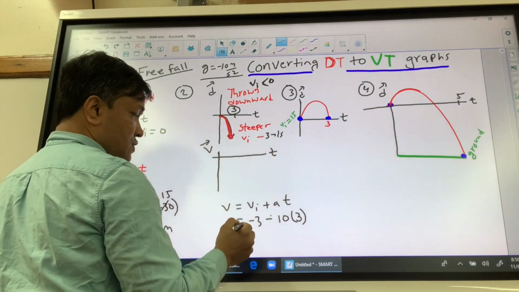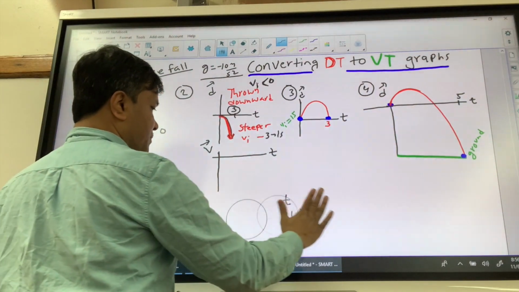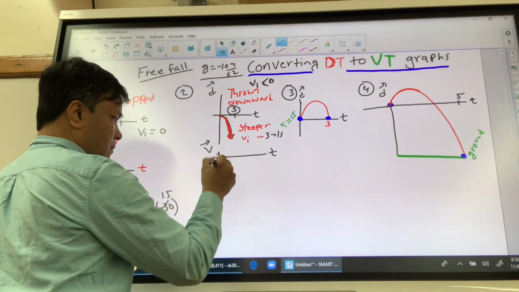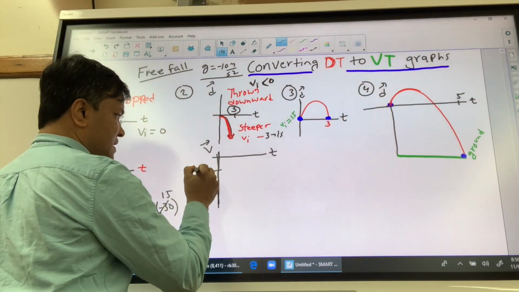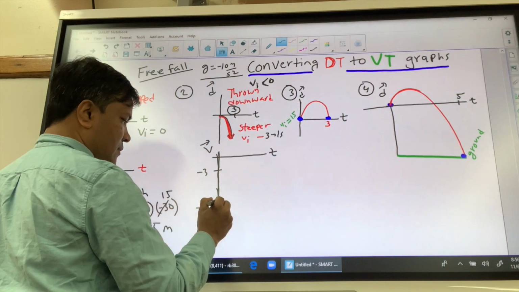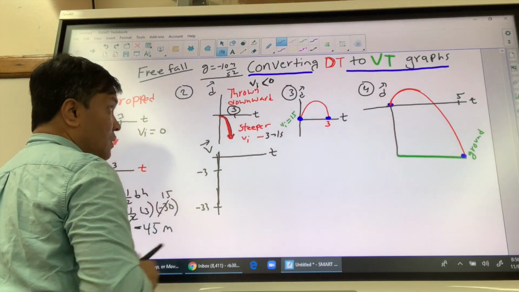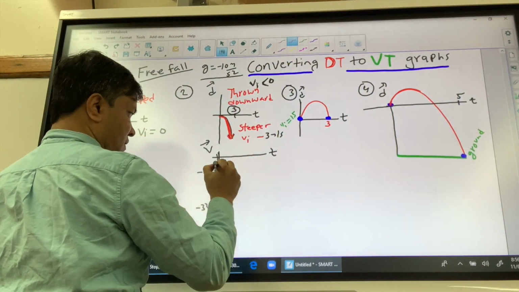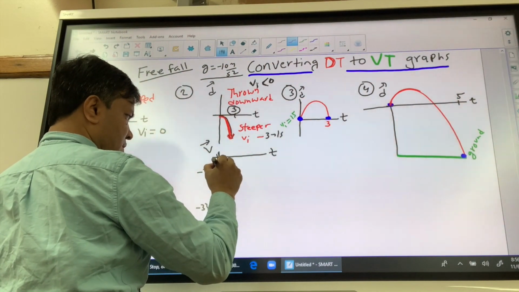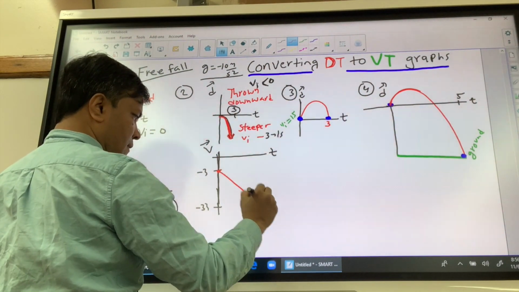That gives you negative 33. So this is negative 3, and this is negative 33, the final velocity. We start from the initial velocity.